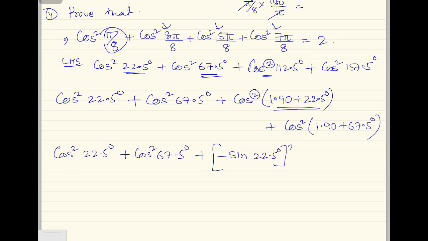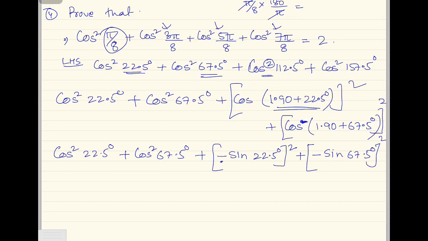But remember, there's a square outside. That's why, because of the square, the minus sign changes to plus ultimately. Did you understand? I'll do the same here also. So it will be in the second quadrant again, minus sine 67.5 degree. Correct, everyone? And there's a square. Actually I should have written this square outside like this, but it's okay even if you write it here like this, correct?